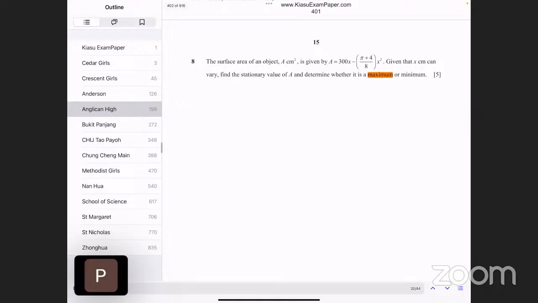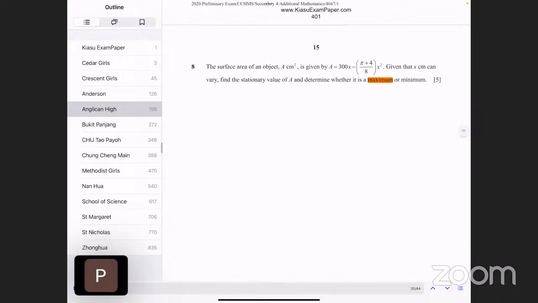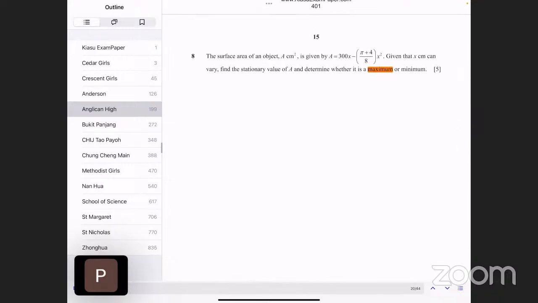Now here's a maximum question. All I did is find the word maximum or minimum, for 5 marks, nothing else. 5 marks is still a lot, right? And I am promising you, my responsibility to you guys is to show that this is not difficult at all. No matter how weird it looks, it's not difficult at all. Hopefully, I can show you that.